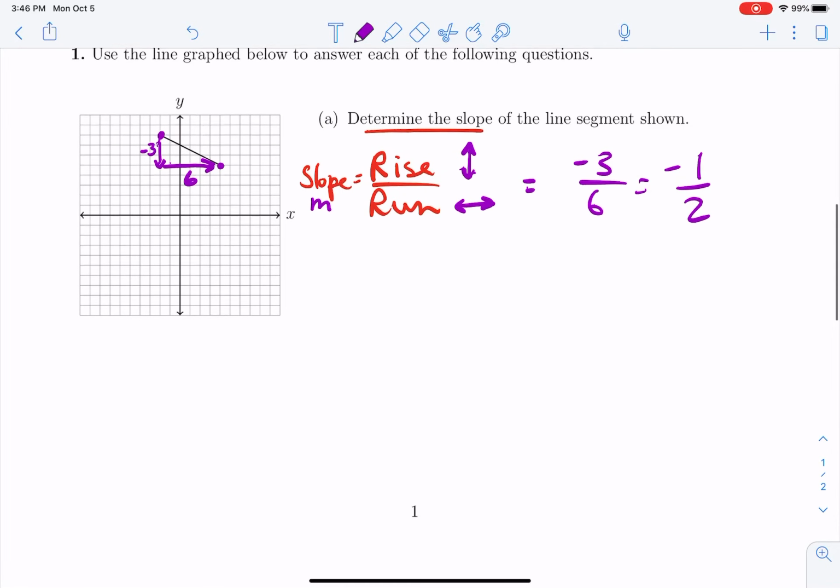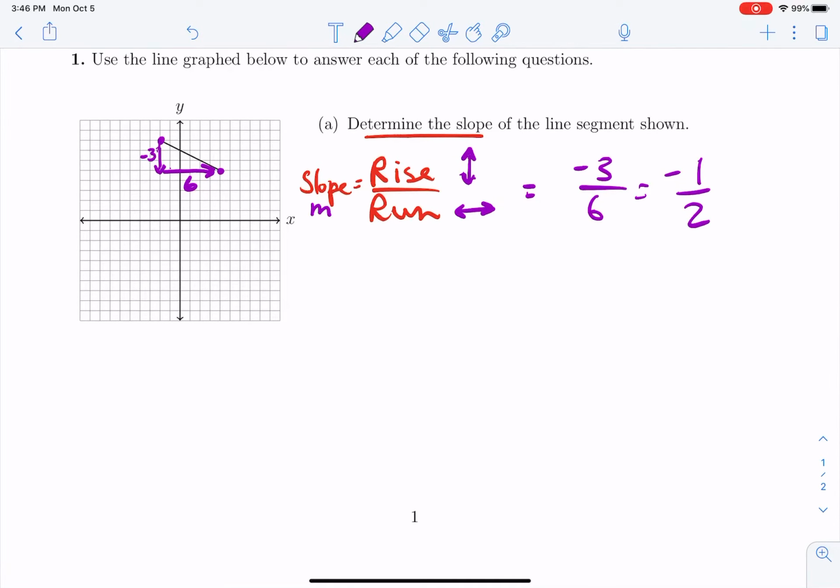Another way we could think about that problem, if we weren't thinking about it as rise over run, is what is the change in the x and the y values? So another way we find slope is this formula. Slope, or m, is equal to the difference of the y's, so y2 minus y1, over the difference of the x's, so x2 minus x1.